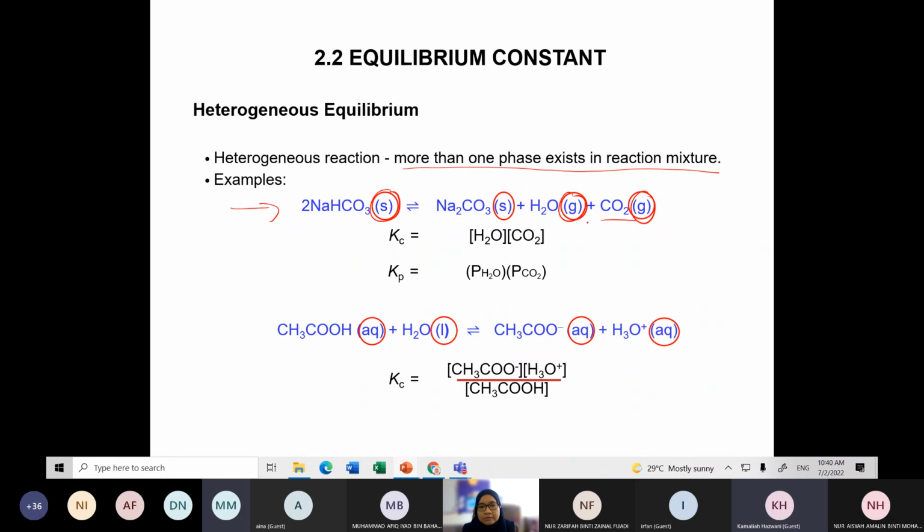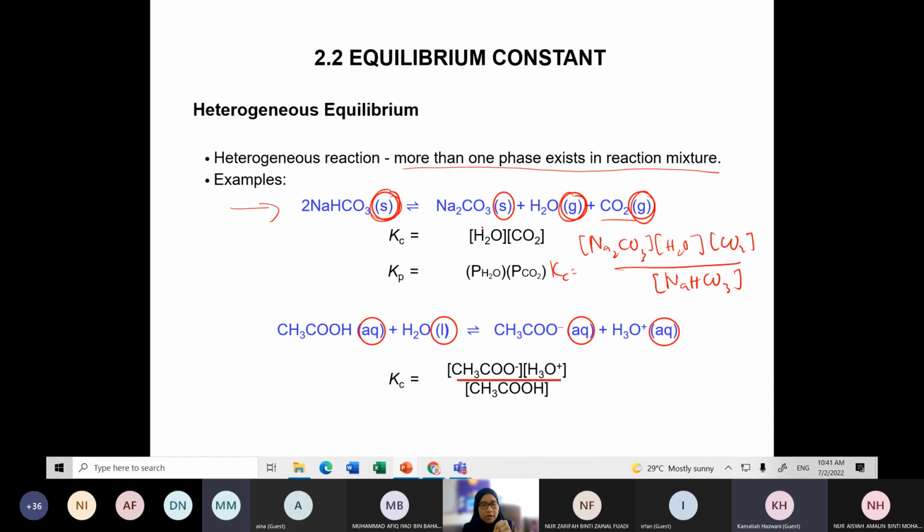If we start from the beginning, we get this. Let's do the products first: the concentrations of H2O and CO2. Supposedly it is products over reactants, but you have to identify whether there is a solid. When we identify a solid, we assume that its concentration is constant.